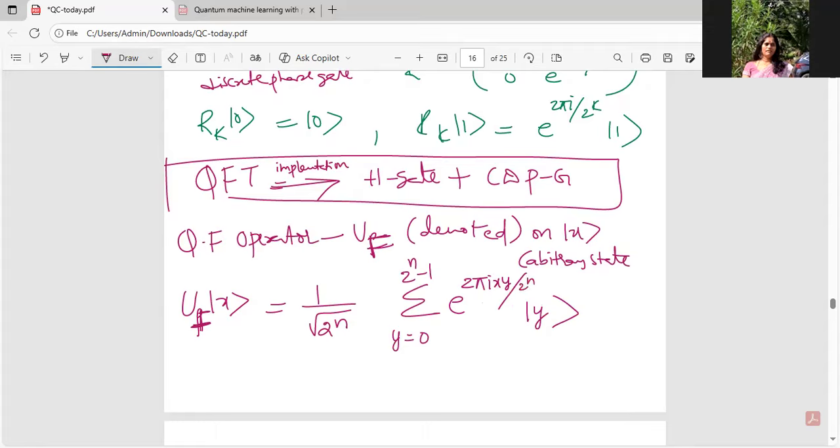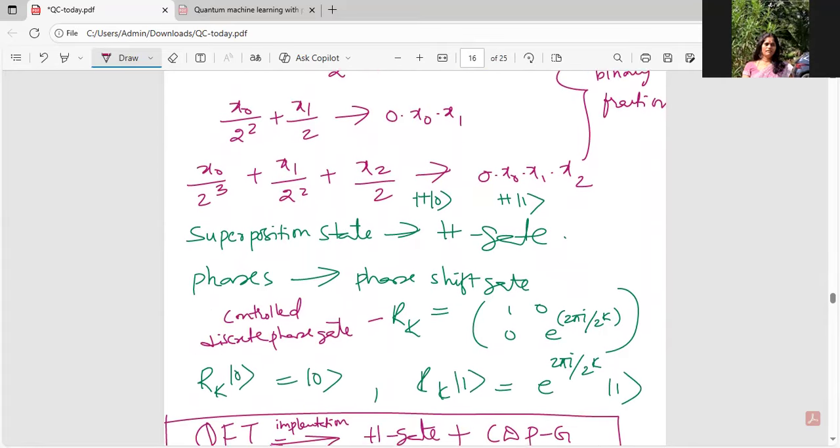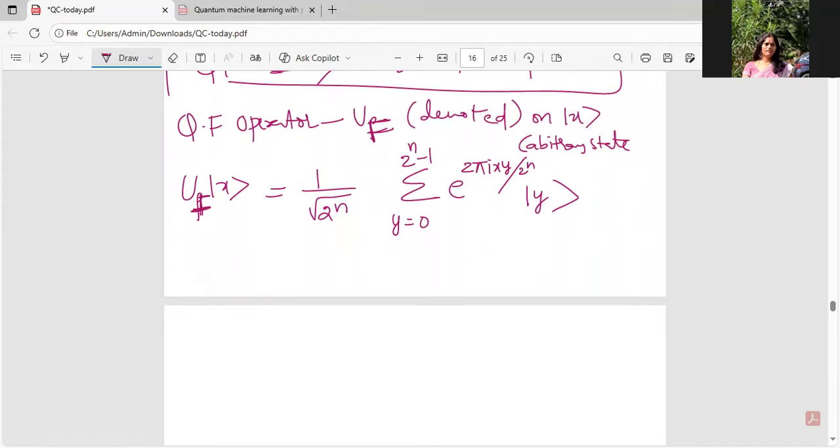Now this notation I will get from this. Here I'll try to rewrite it so that you get clarity and then things are done. This is all about the quantum Fourier operator, guys, acting on an arbitrary state, capital X.